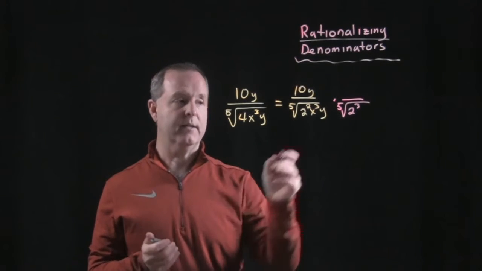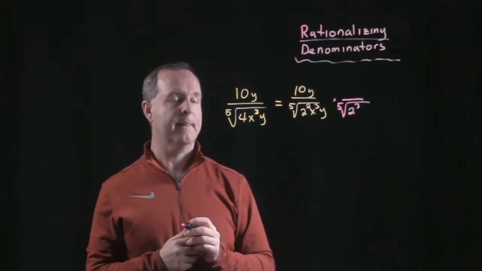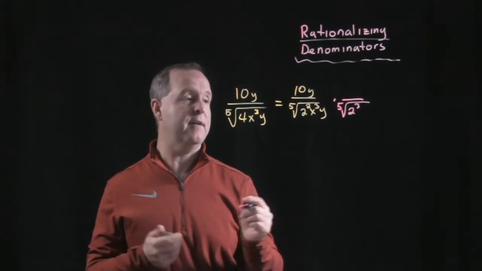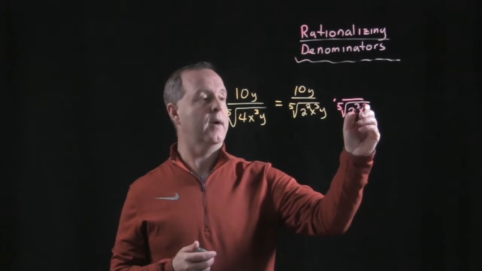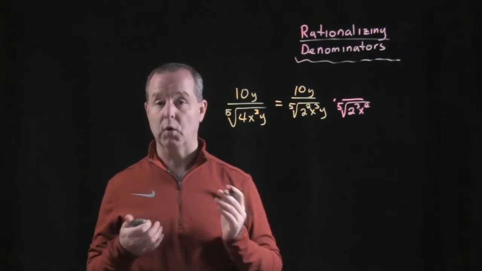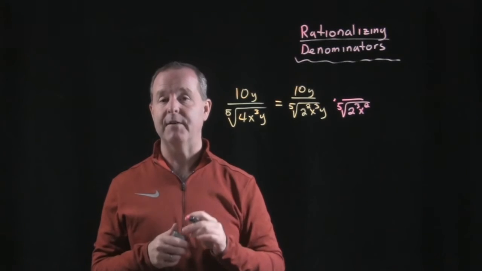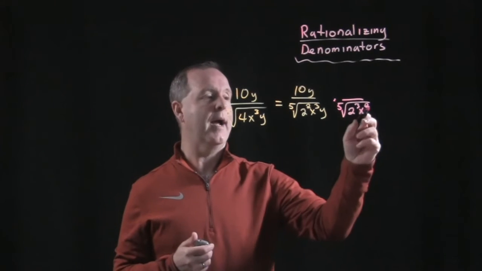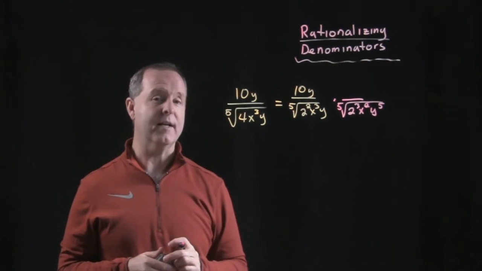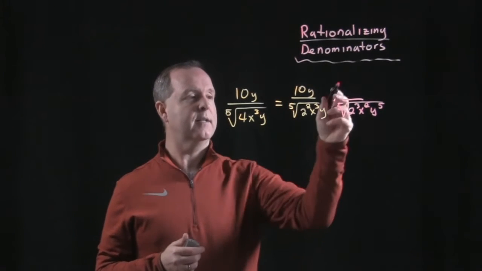Change gears a little bit. With x cubed, I need to have a total of x to the 5th, so this will be x squared. And I have a y. What's the total amount of y's that I need to have a perfect fifth? That's y to the 5th. So there's the starting of my clever version of 1.